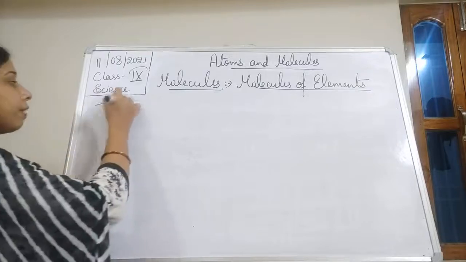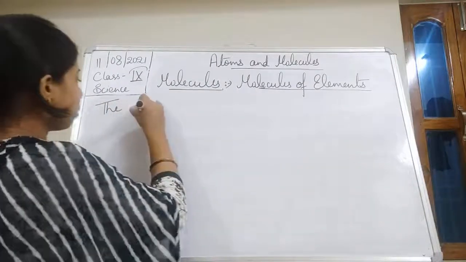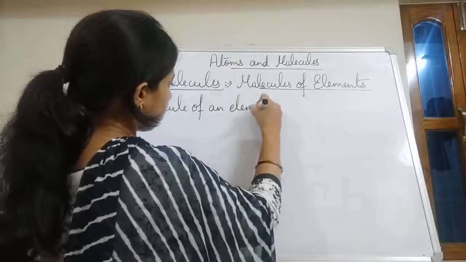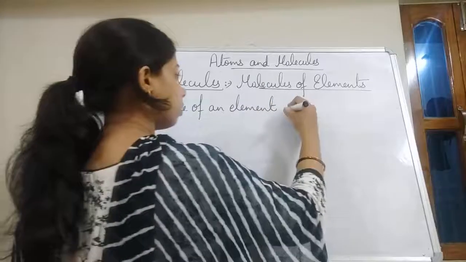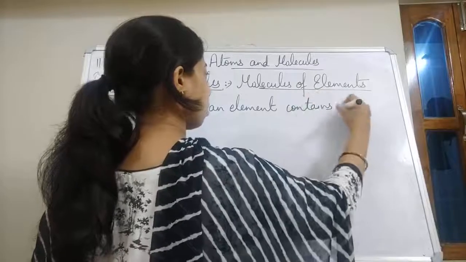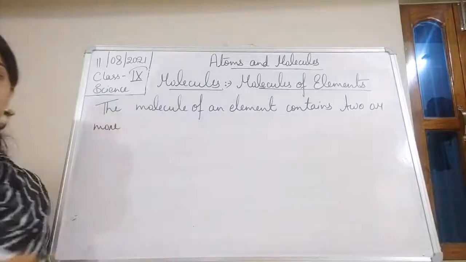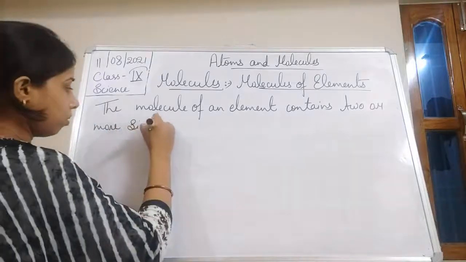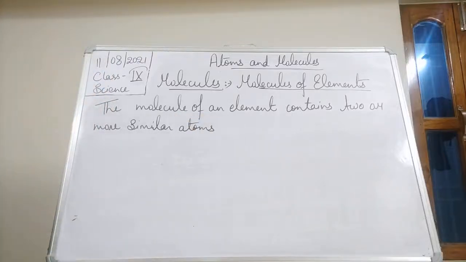The definition of a molecule of an element is that it contains two or more similar atoms chemically combined together.